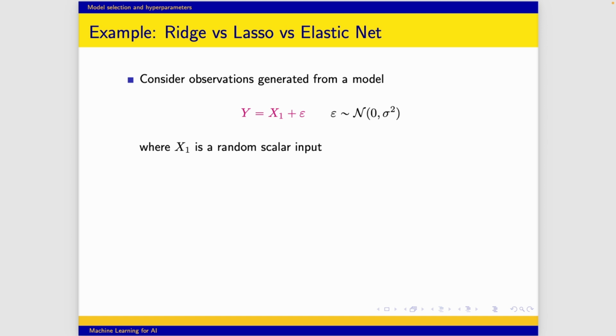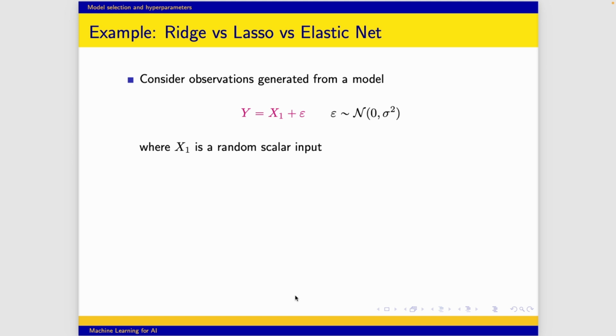So let's have a look at an example in which we compare Ridge with Lasso and Elastic Net. Now, what I'm going to do here is create a totally artificial data set, because the idea of this example is, as I say, comparing these 3 methods. And so we need a certain structure to the data set.